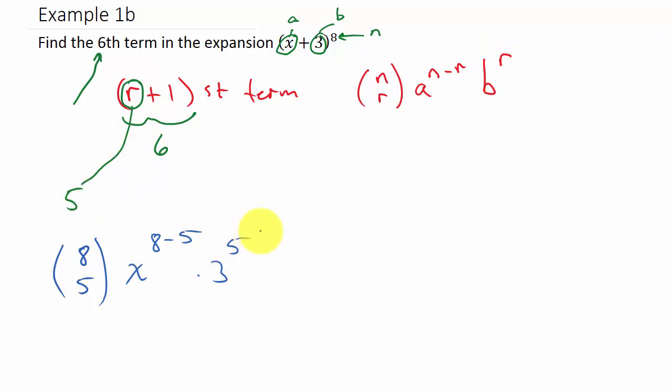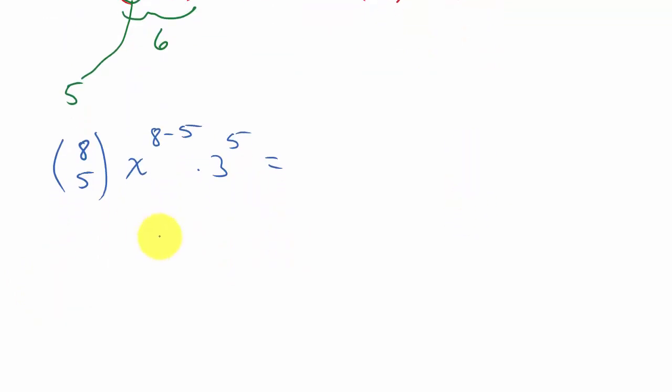Okay, all right. So now we need to calculate this. We need combination 8 choose 5, so let's come down here and figure out what 8 choose 5 is. That's 8 factorial over 5 factorial times 3 factorial.